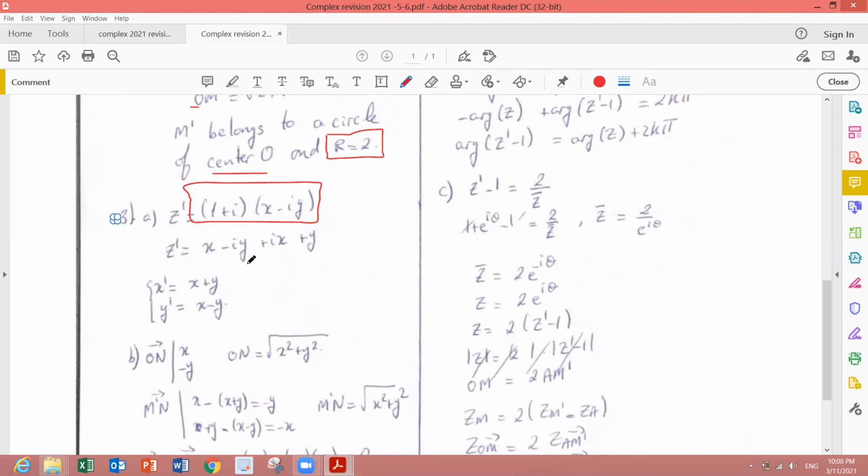The imaginary part is x minus y. So this one is x plus y plus I times x minus y. The real part is x prime, so x plus y is x prime, and the imaginary part is y prime.